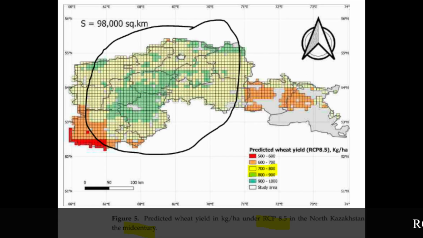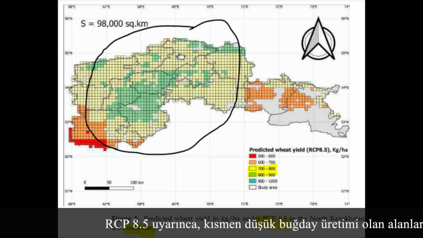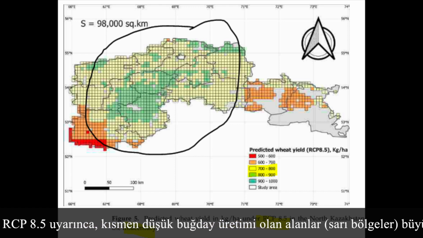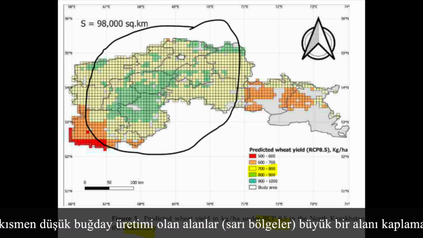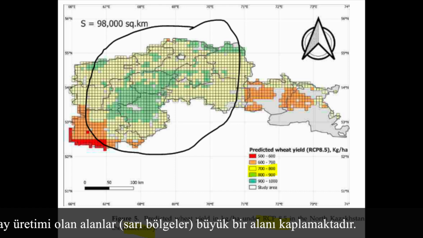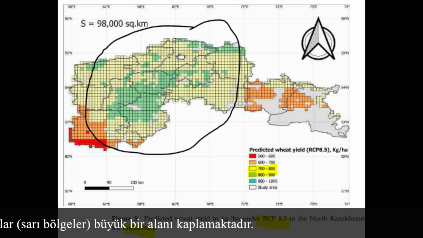And the last one, under RCP 8.5, areas where wheat yields were particularly low, the same yellow zones, covered a very large area.